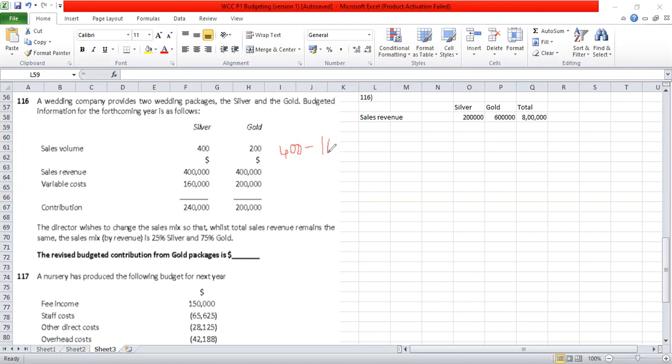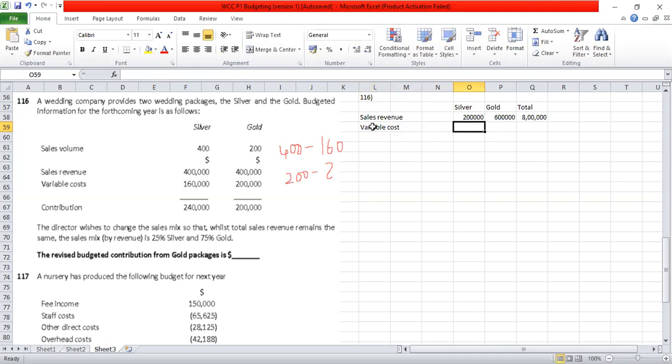So how much will be variable cost? That's the logic. For 200 units, 200,000, how much is the variable cost? The same logic we have to apply and work it out. And then the resultant figure after we deduct the variable cost is contribution. Variable cost, by definition, is a cost which varies proportionately.